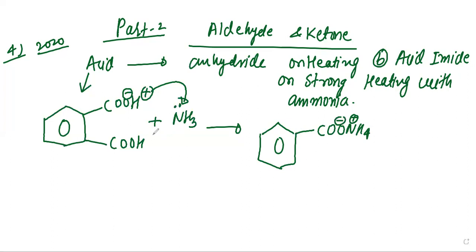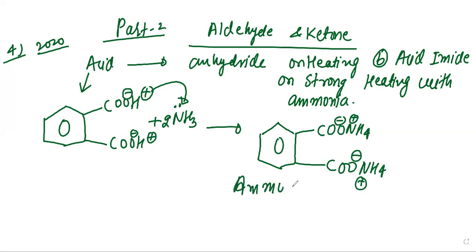In the similar manner, for the same case, this will be plus, this will be minus. So two moles of ammonia we have to take. This will be the same complex, COO minus NH4 plus. The name of this compound is ammonium phthalate, and the name of the acid is phthalic acid.